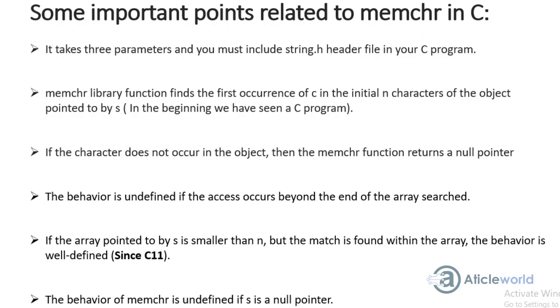So here I will explain only points 4, 5 and 6. The fourth point is saying that the behavior is undefined if the access occurs beyond the end of the array searched. So let's understand this point using pen and copy.